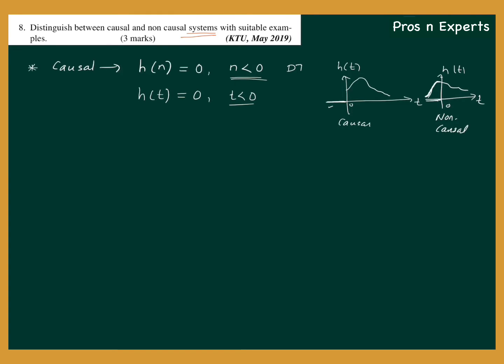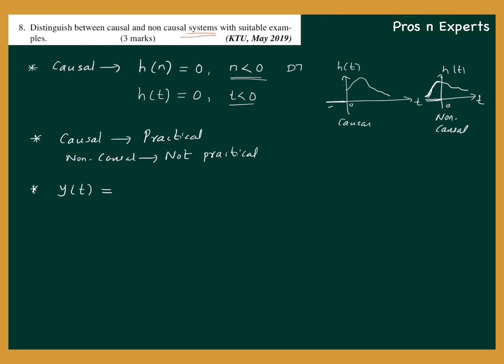Another point I could say is that causal systems are practical. Causal systems are always practical, but non-causal systems are not practical. They cannot be practically realized. Then another point you can answer is that the output of a non-causal system will contain future values of the input.